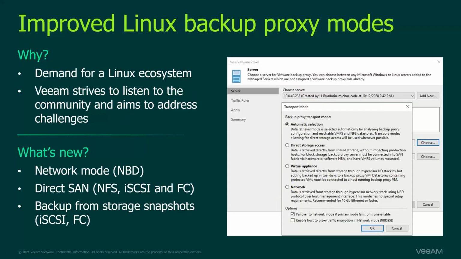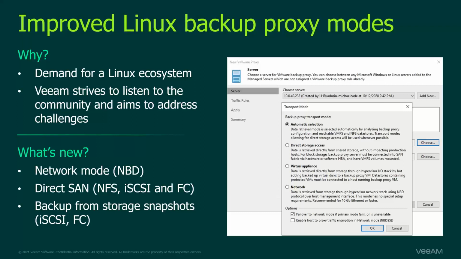Talking about Linux backup proxy modes, previously we had only virtual appliance mode. With version 11, we are bringing direct storage access, for those of you who have, let's say, physical proxies directly connected to the underlying storage of the vSphere infrastructure, or network mode, which might be beneficial in case you don't have a proxy per cluster or proxy per host.